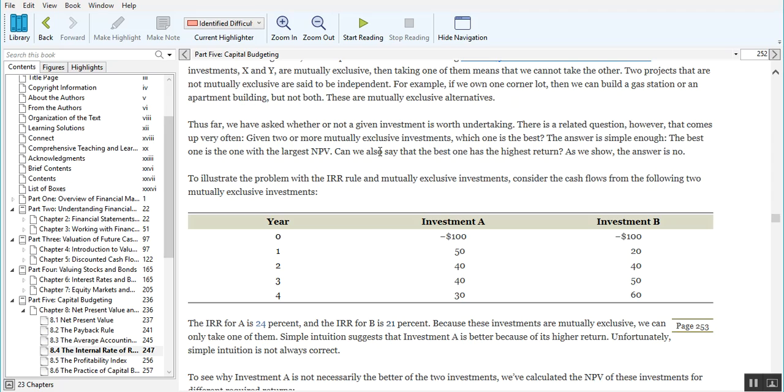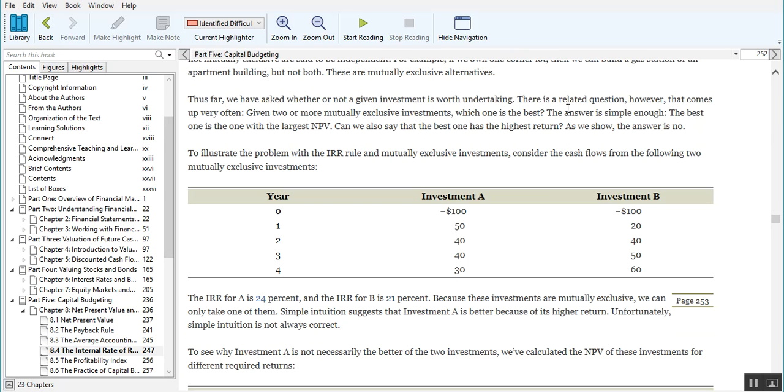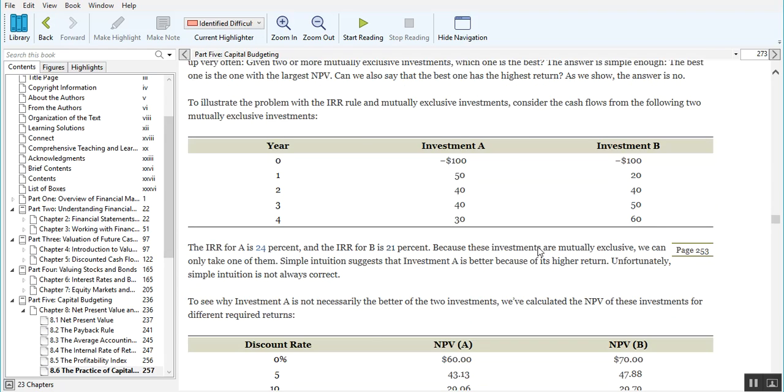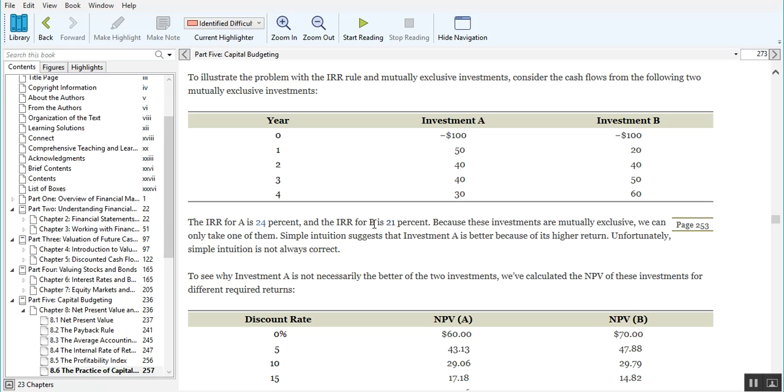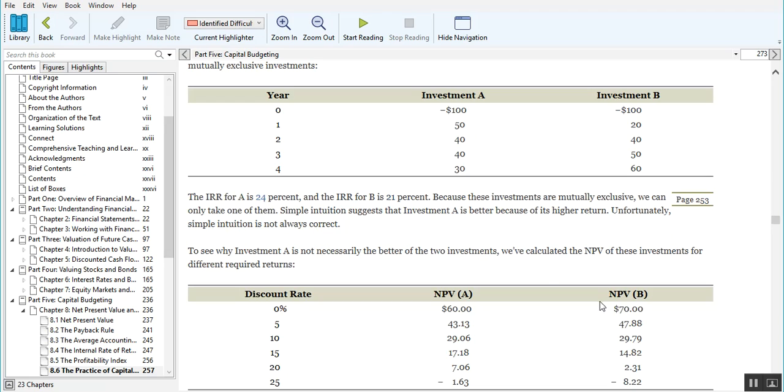So, given two or more mutually exclusive investments, which one's the best? The best one would be the one with the largest net present value. Can we also say that the best one has the highest return? Well, the answer is no in this case. The internal rate of return for A is 24% and for B is 21%. If they're mutually exclusive and we only take one, we would suggest investment A would be the better investment because of a higher return, but we may not be correct.